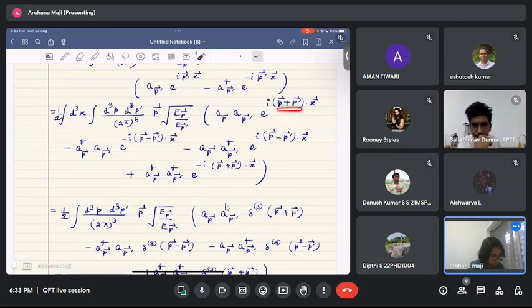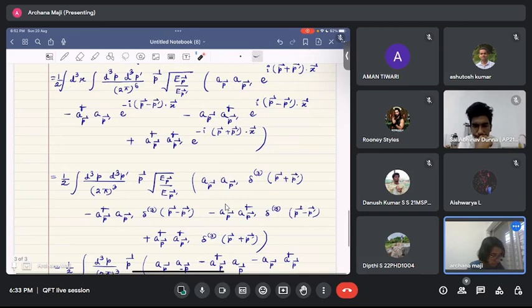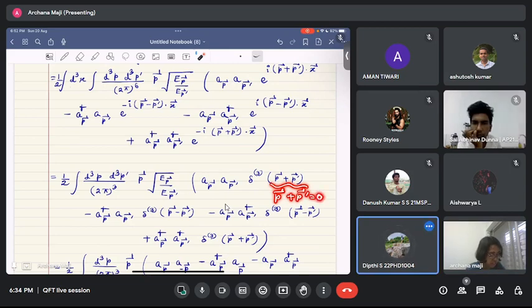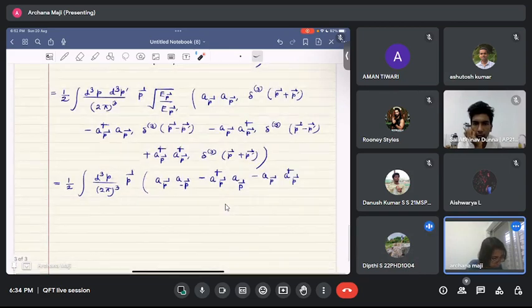So that is what is giving us this three-dimensional delta function evaluated at P plus P prime. So this will give non-zero contribution only when P plus P prime equals 0. Oh, right. Okay, got it. Yeah, so when we take integration over d3 P prime, P prime will be replaced by minus P. Yeah, got it.